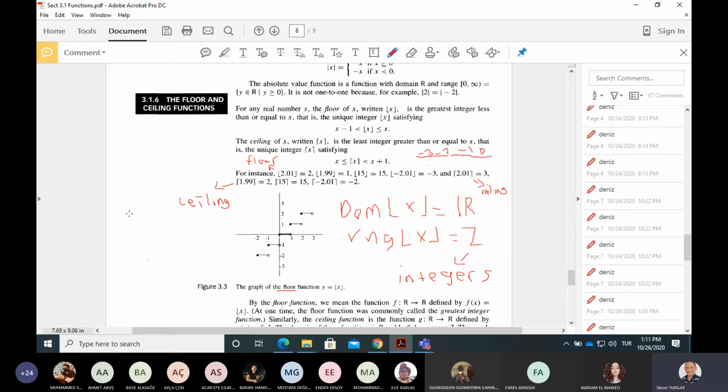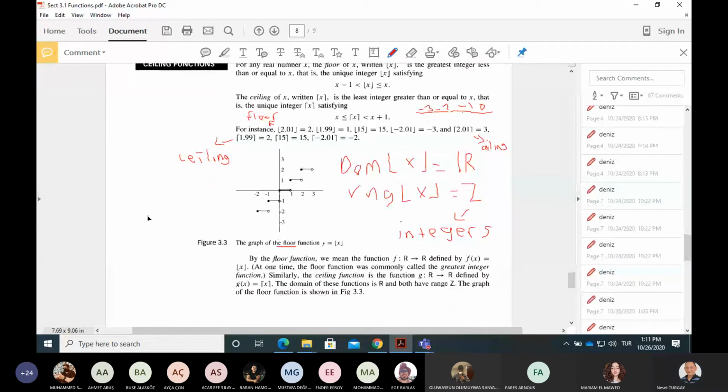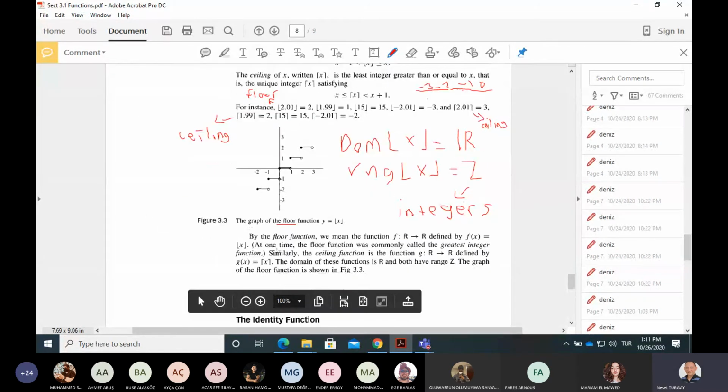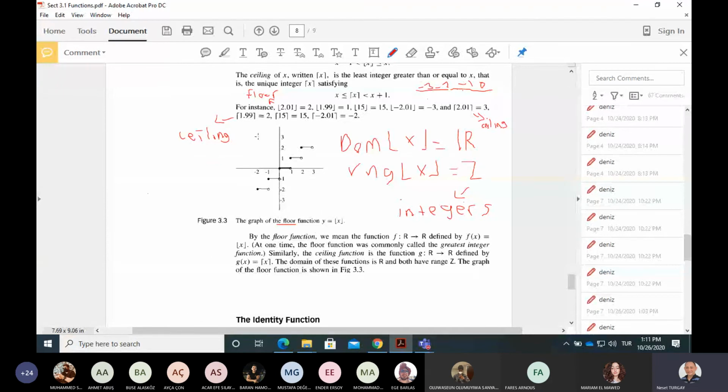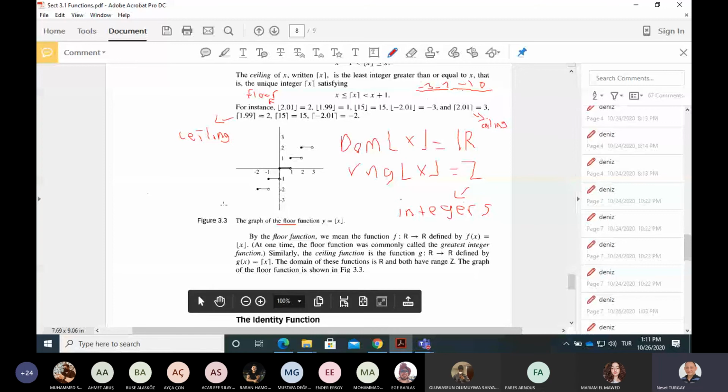It's okay. Thank you very much. My dear friends, here there are some technical details given. For example, the floor function has a graph like that. What is it saying?